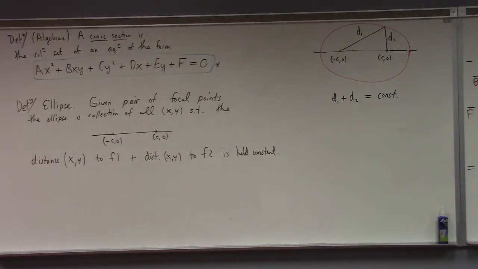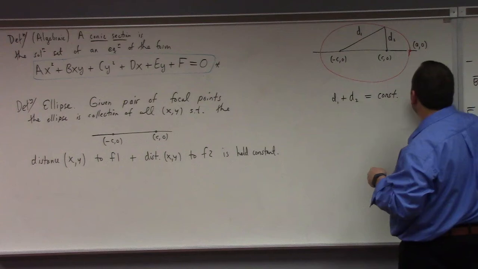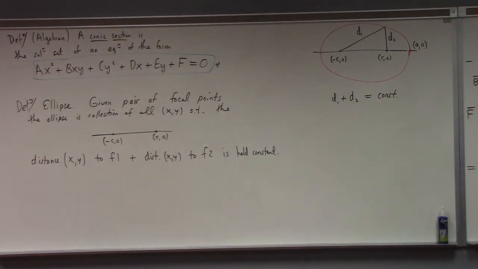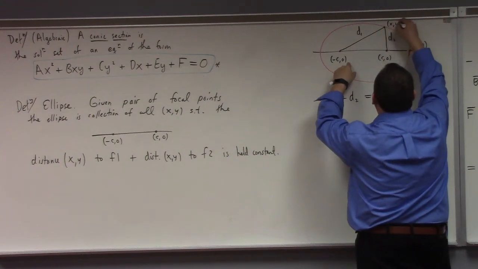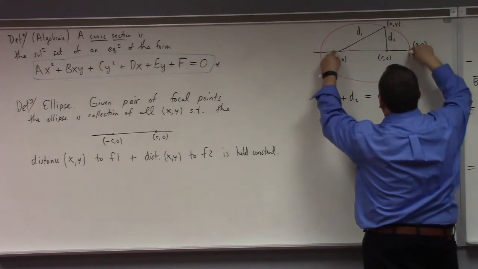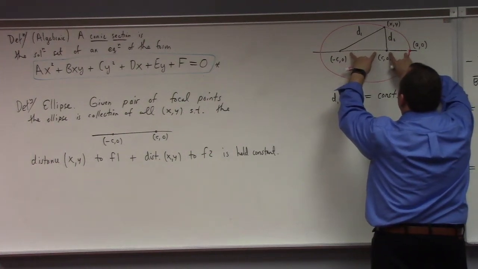What is that constant? Well, let's label this point as a comma 0. It's got to have some label, all right? And what happens with D1 plus D2? If you think about taking this point, and think about when it's here, that's D1 plus D2, right? But what else is it?